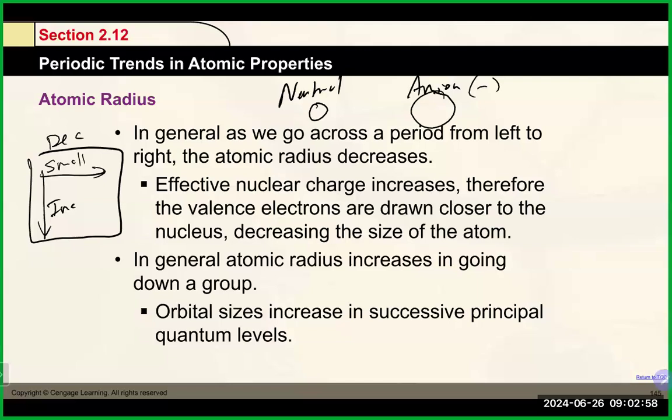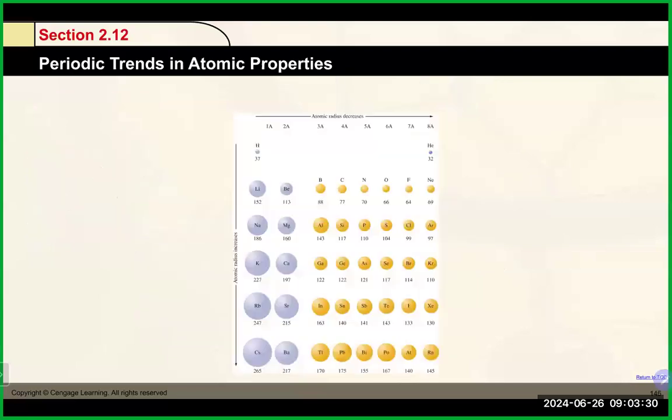As you go left and down, the Z effective decreases, and we also have a lot more protons and a lot more electrons. Those electrons aren't going to feel as big of a pull in, giving it a much larger overall radius than we see to the upper right on the periodic table. And as we get more electrons, the orbital sizes, as we talked about, increase with each energy level. So again, that's going to bring everybody out.